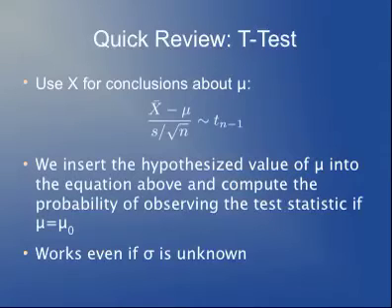The advantage of this over the z-test is that this works even if the population standard deviation is unknown. Once again, if we hypothesize the mean is 0 or the mean is 20 or any specified value, you just take the sample mean minus 20 divided by s over root n, and see if you get something that's too large or too small.